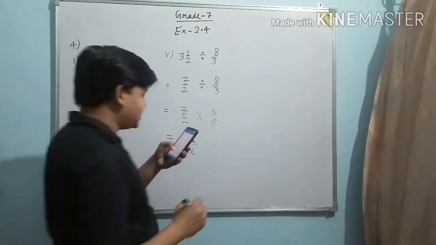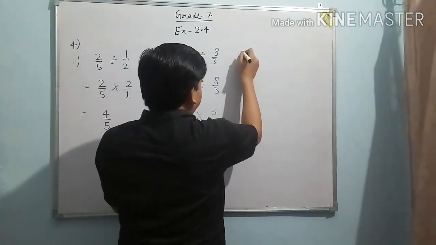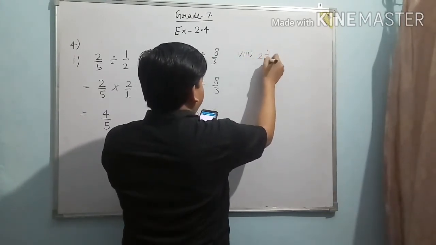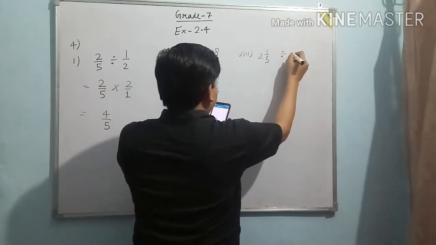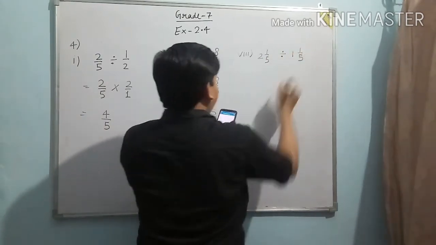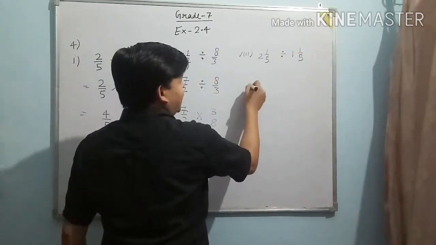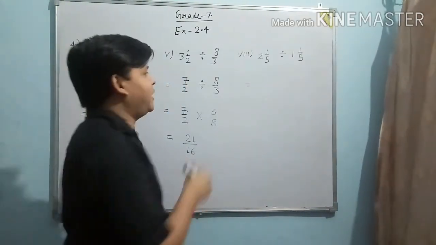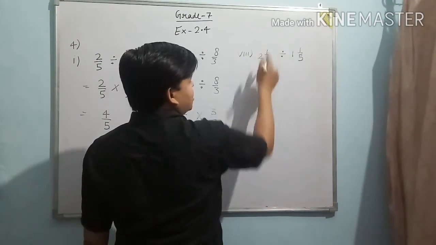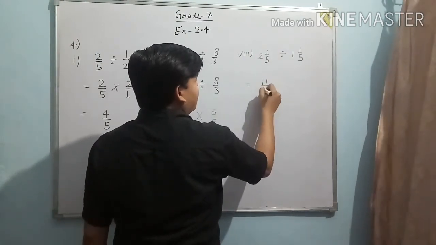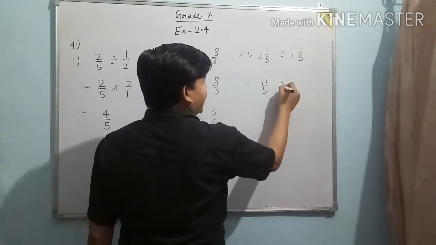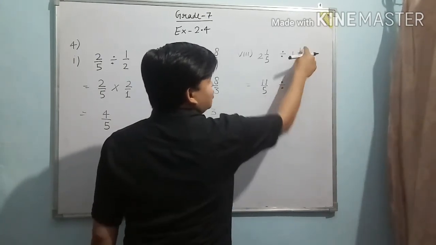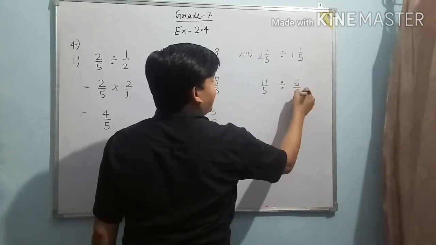Similarly, let's take the last part of this question. This one is 2 complete 1 upon 5 divided by 1 complete 1 upon 5. Once again the same thing: convert the mixed numbers into improper fractions. So 5 times 2 is 10, plus 1, that means 11 upon 5, divide as it is, and 5 times 1 is 5, plus 1 is 6, that means 6 upon 5.